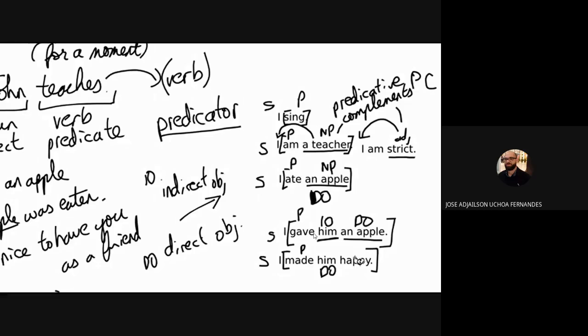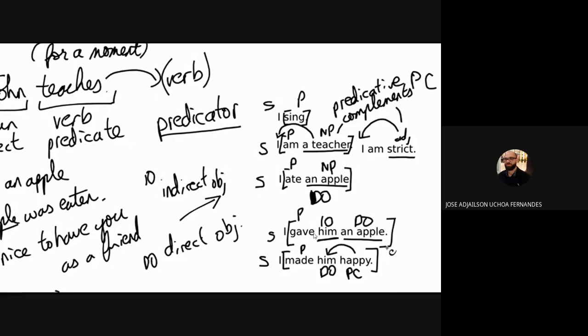I made him happy. Now up here we had an adjective, and it described me. I am strict. In this sentence, what does happy describe? Does it describe me, or does it describe him? Well, it describes him. It's the direction he took, right? I made him happy. This is still a predicative complement, but in this case, it's focused on the object.